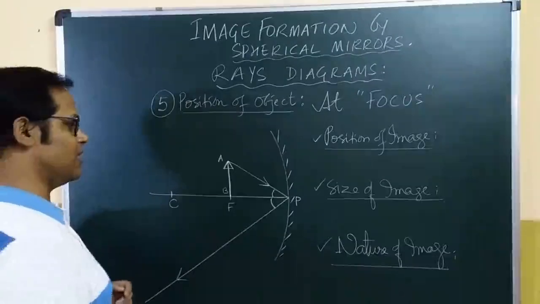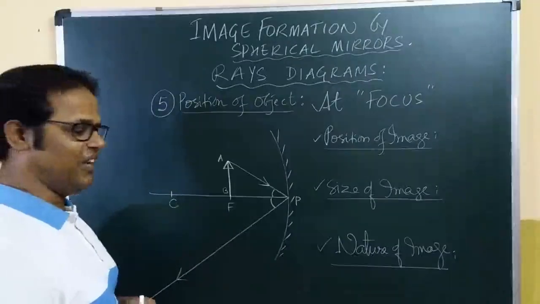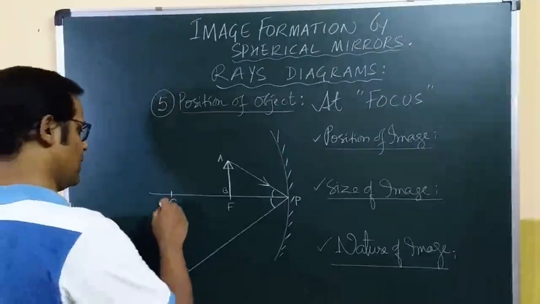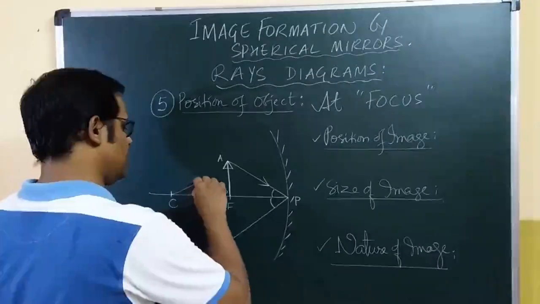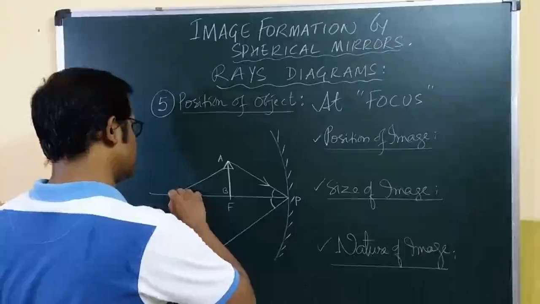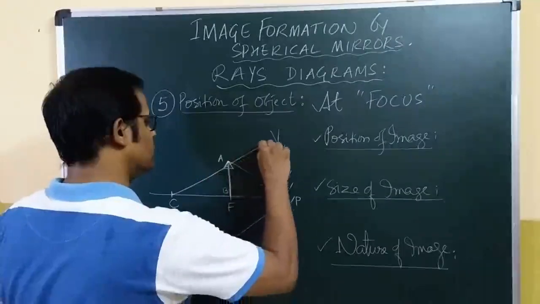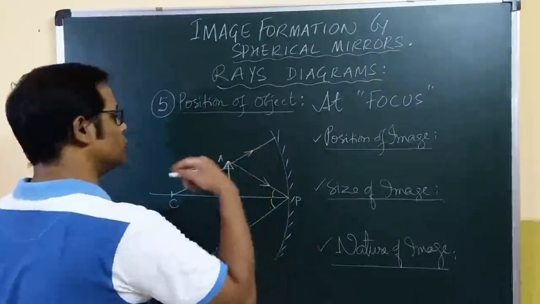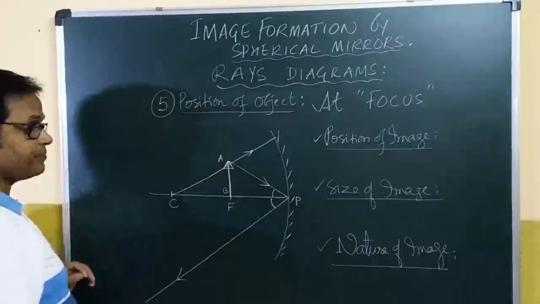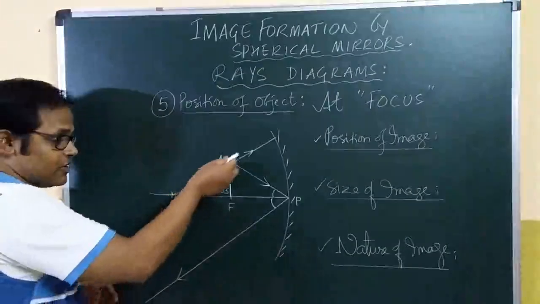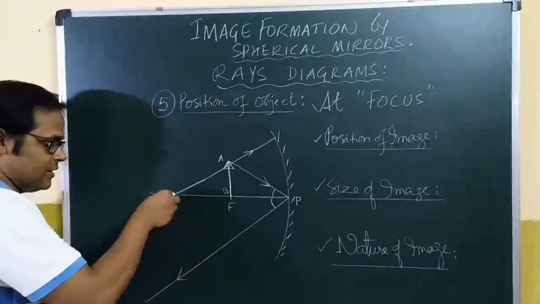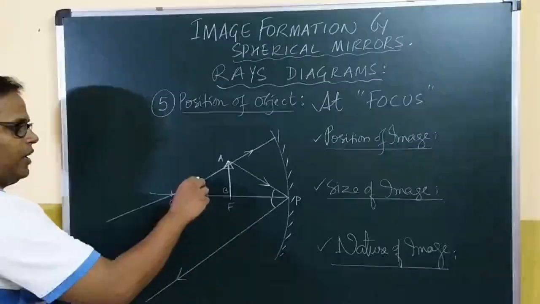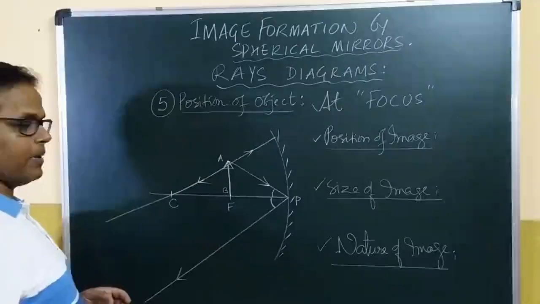Yes, you got it right: the principal ray number 3. So let me use it, a ray of light in the direction of the center of curvature of the mirror, striking the mirror. A ray of light directed towards the center of curvature, we all know, will always retrace its own path.